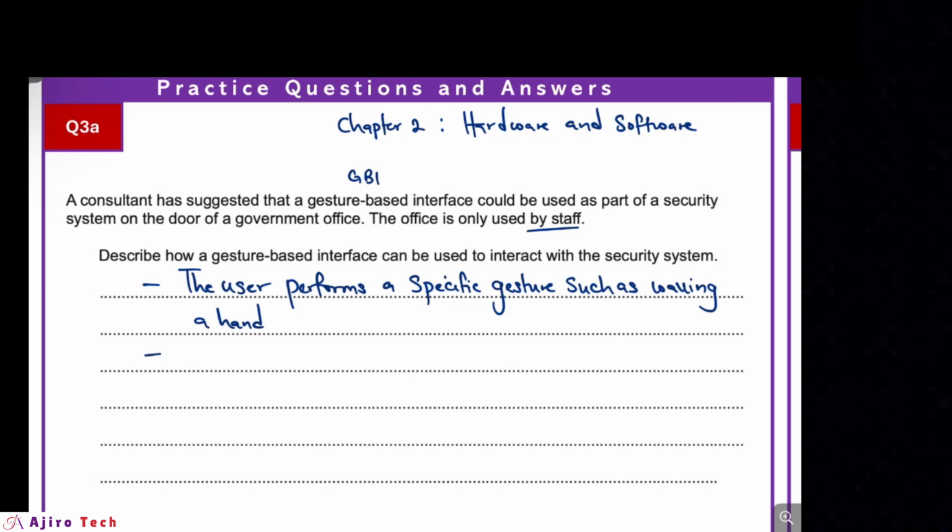The next one is a camera. They say describe how a gesture with a camera captures. So we have to describe the movement.